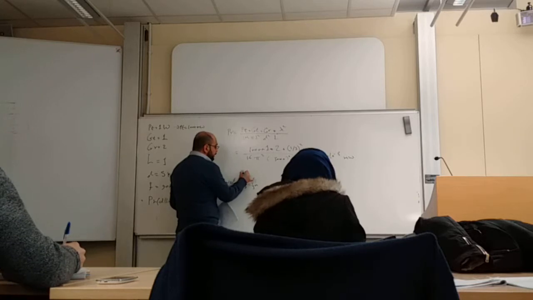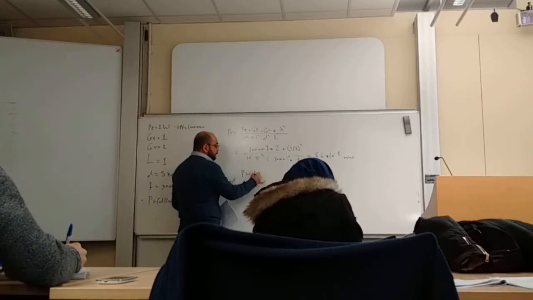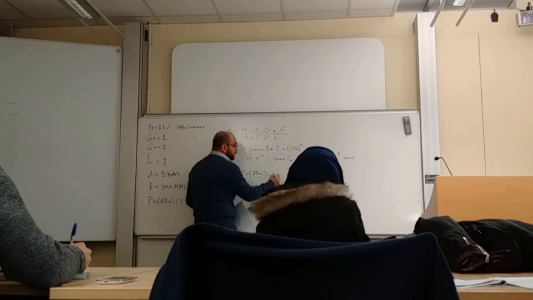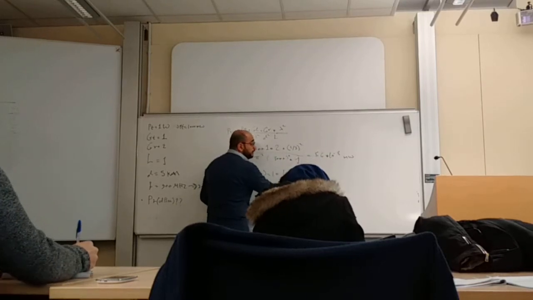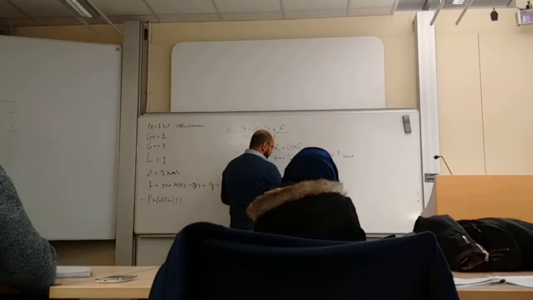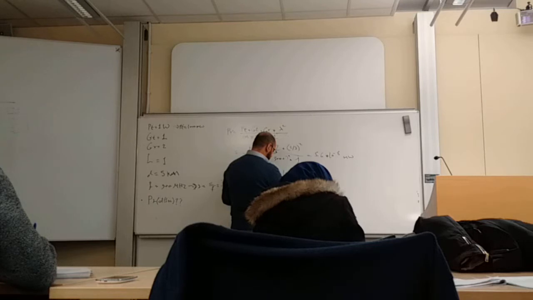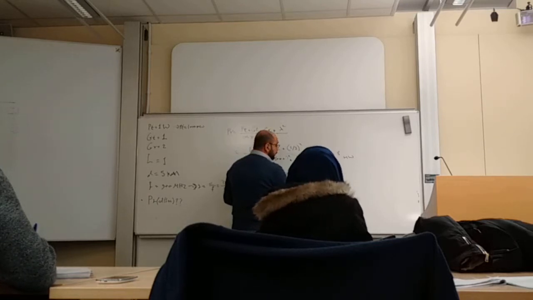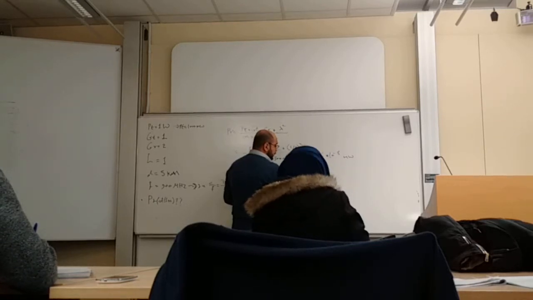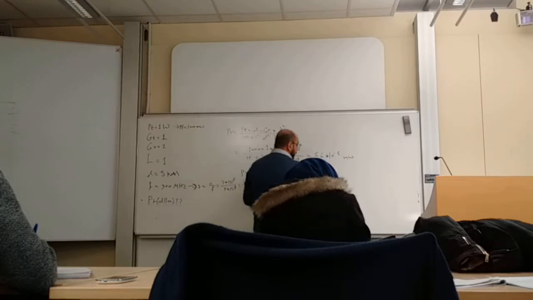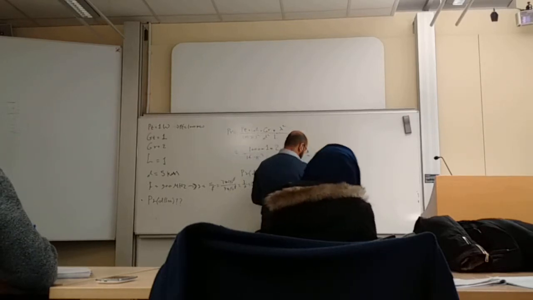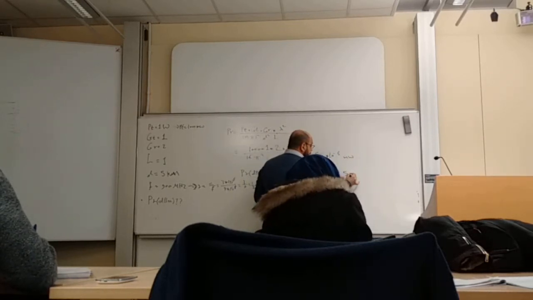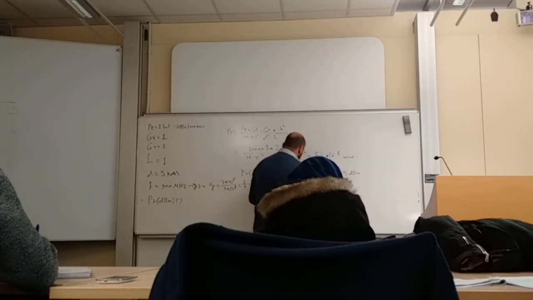So the power received in dBm equals 10 log of this value, 5.6 multiplied by 10 to the minus 8, and this will give you minus 72.5 dBm.